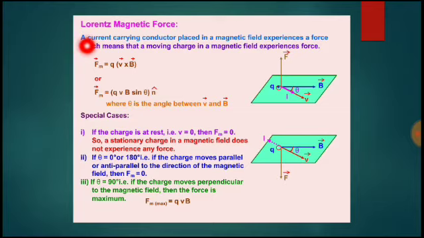That force Fm is the magnetic Lorentz force. Here Fm is in vector notation. Therefore Fm is equal to q, where q is the charge and v is the velocity, that charge moving in a magnetic field B.